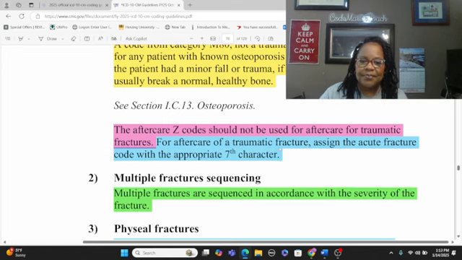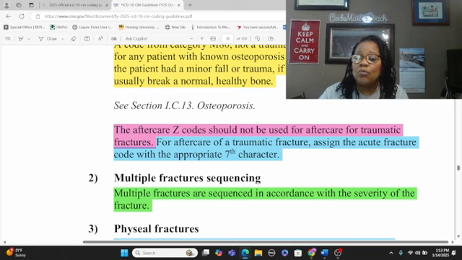Okay. The aftercare Z codes should not be used for aftercare for traumatic fractures. For aftercare of a traumatic fracture, assign the acute fracture code with the appropriate 7th character. Now this is really important because I'm tempted a lot of times to go to that aftercare Z code for fractures, but you do not, remember, you don't do it for fractures or injuries.